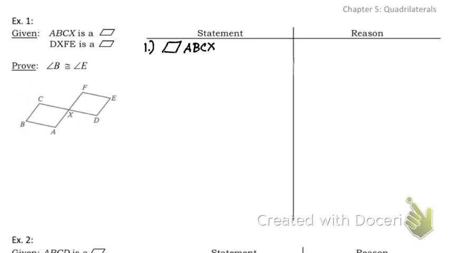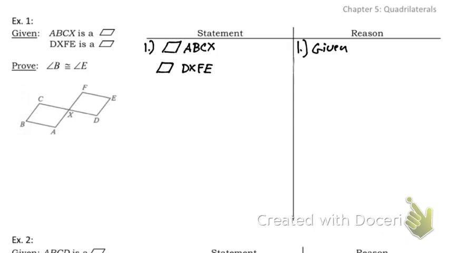And they're also given that we have a parallelogram DXFE, and that was all given. Cool. I need to show that angle B is congruent to angle E.